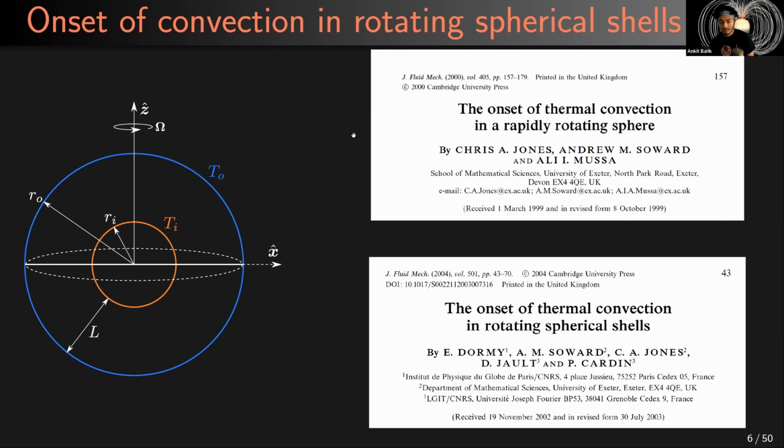The one in 2004 by Dormy et al. focused on rotating spherical shells, and they mostly looked at one example of a thick shell and one of a thin shell. Even though the theory essentially reduced the problem to a 1D differential equation, it still required some numerical effort to solve that equation and then figure out all the other parameters associated with it.